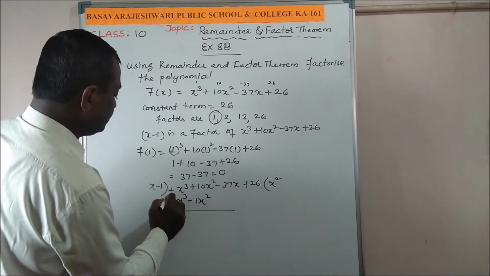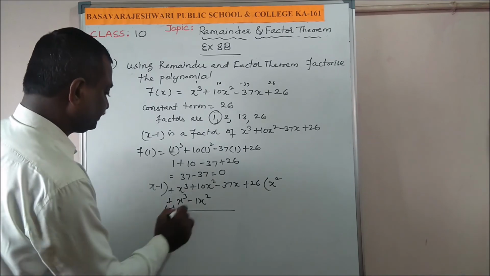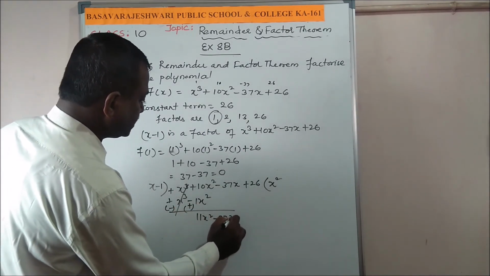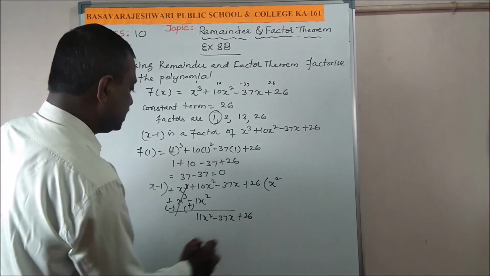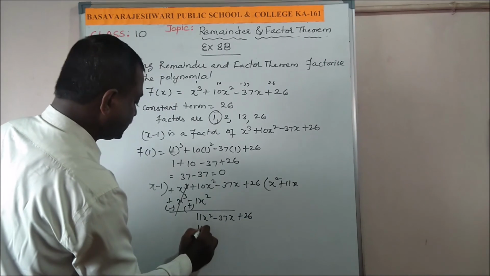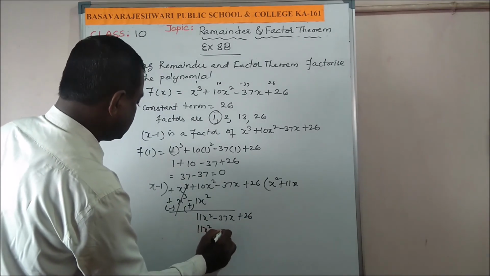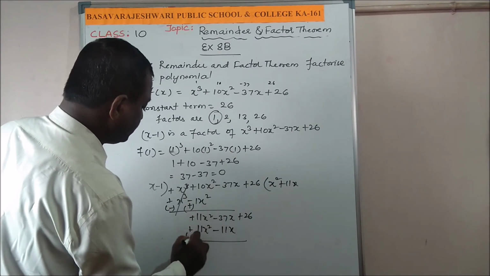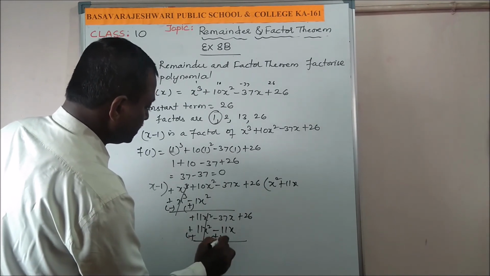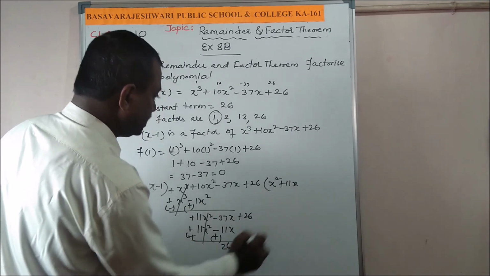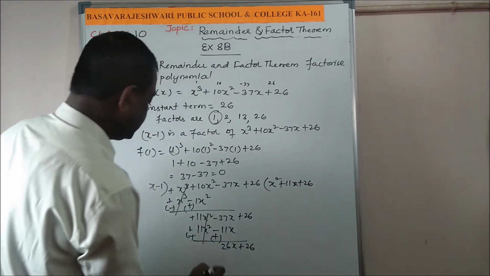Plus minus, we have 11x square minus 37x plus 26, plus 11x. So 11x square minus 11x. So what happens here? Plus minus cancels, minus 37 plus 11 is minus 26x plus 26.